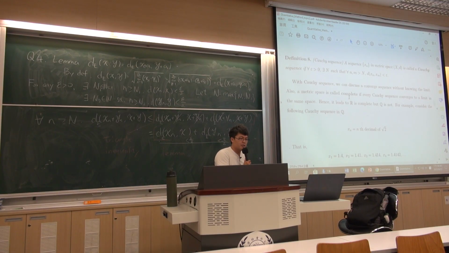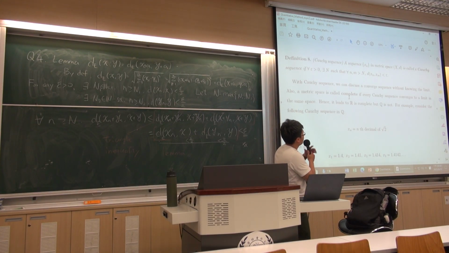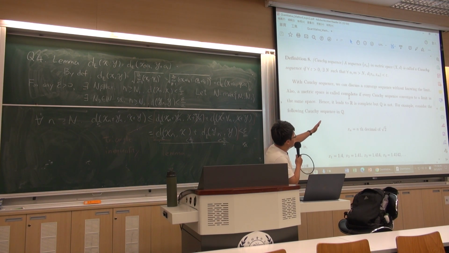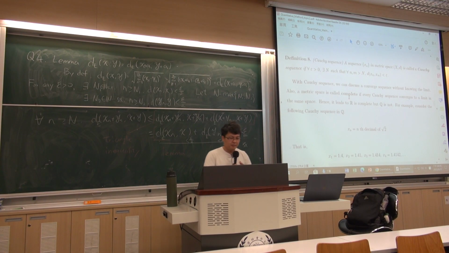Then is the next definition here, which is Cauchy sequence. So a sequence in a metric space is called a Cauchy sequence if for any positive epsilon, there exists a big N in the natural numbers such that when the small n and m are larger than that big N, the elements within that sequence itself get closer and closer to each other.